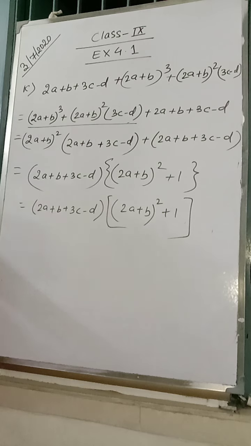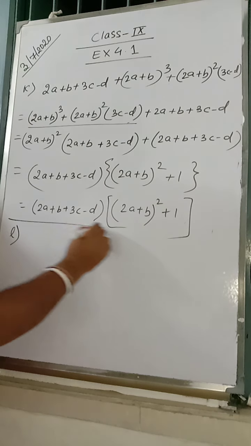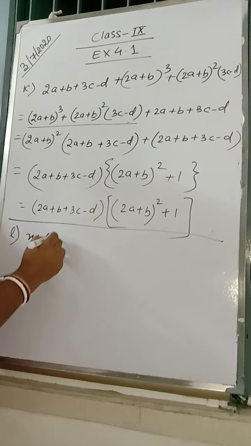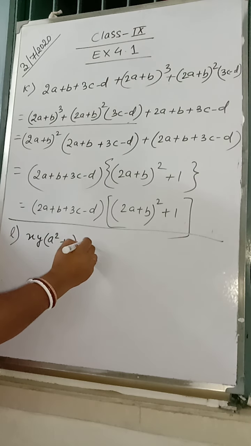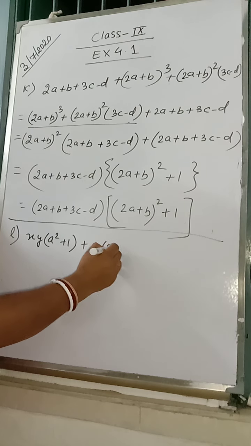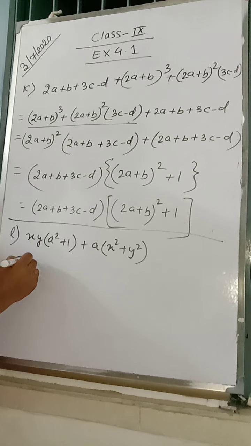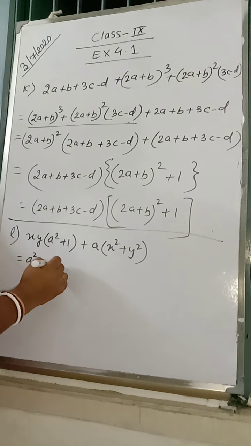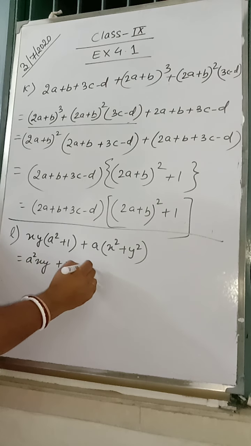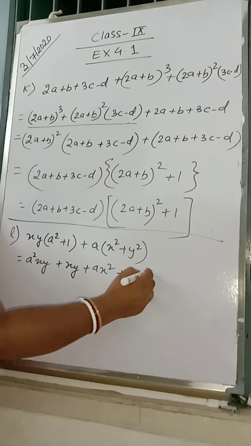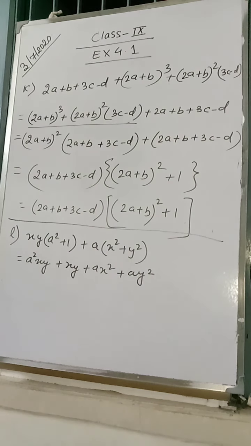Now look at number L. The question is xy times a square plus 1, plus a times x square plus y square. I am going to multiply it: a square xy plus xy, a x square plus a y square. I have multiplied and kept.